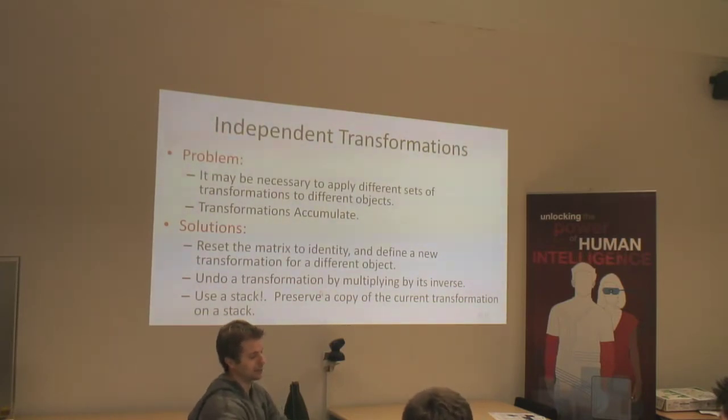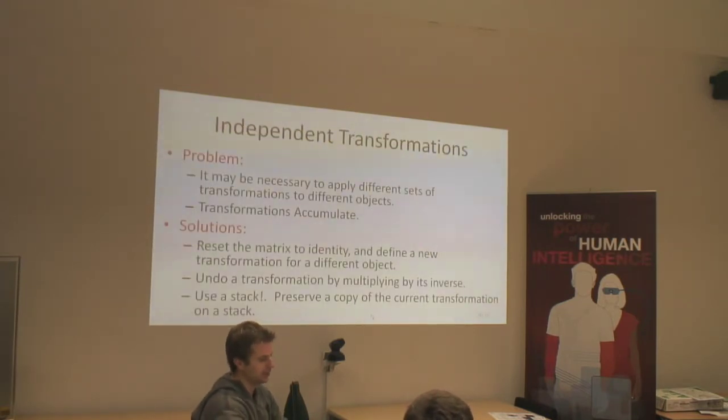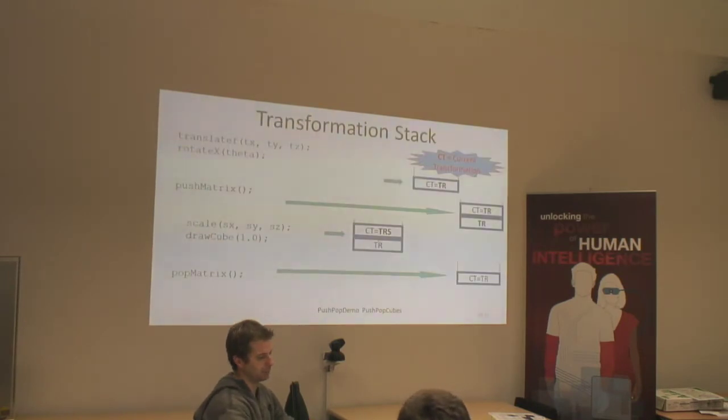You could undo the transformation by multiplying by its inverse, which is what we just did for rotating around a pivot point. We translate by x, y, z, and then we translate by negative x, negative y, negative z to get back to how we were. Or we could use a stack, which is what we do with push matrix and pop matrix.